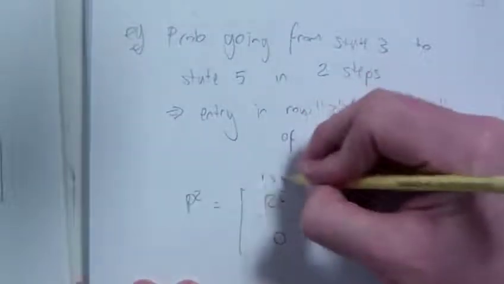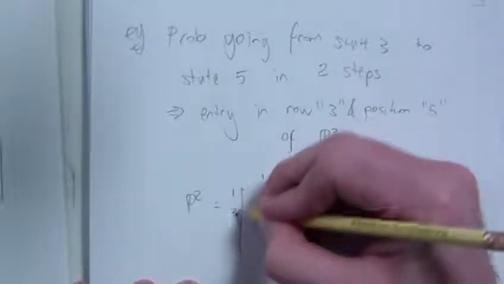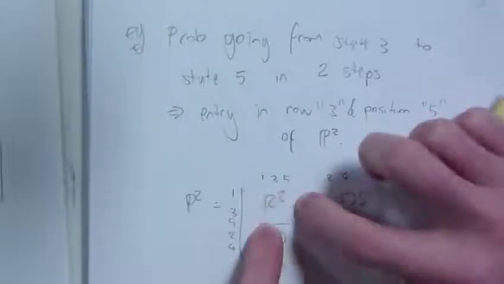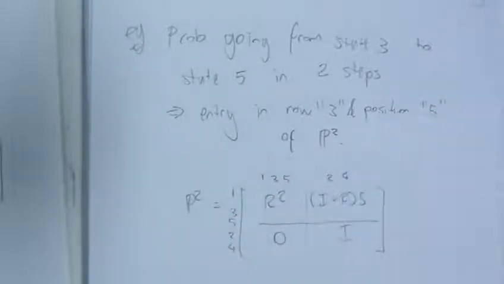And just to remind ourselves, we had 1, 3, 5 and 2, 4 here, and 1, 3, 5 and 2, 4 here. So if I want row labelled 3 and column labelled 5, that will be part of the R squared. So essentially I don't need to figure out what any of the other stuff is, I just need the R squared.